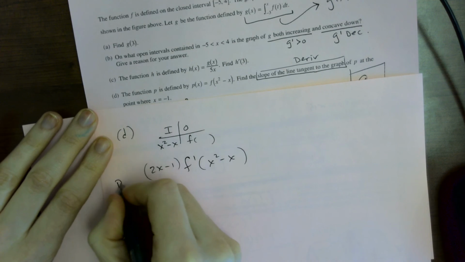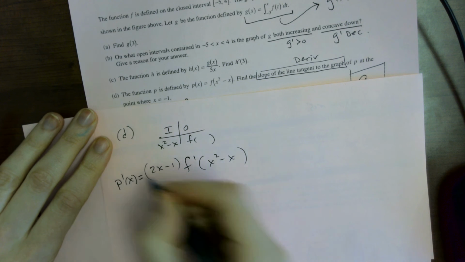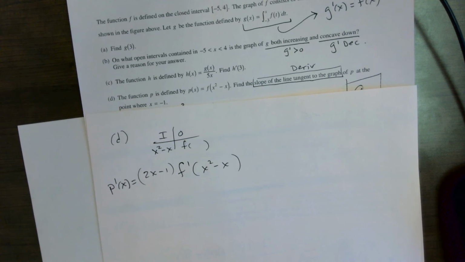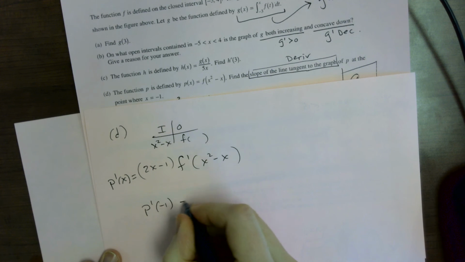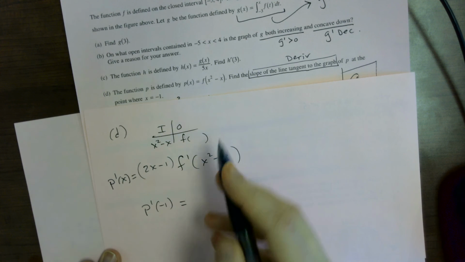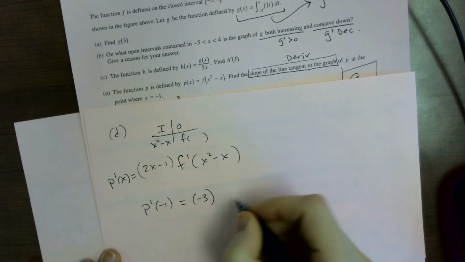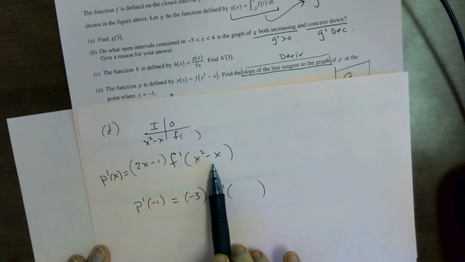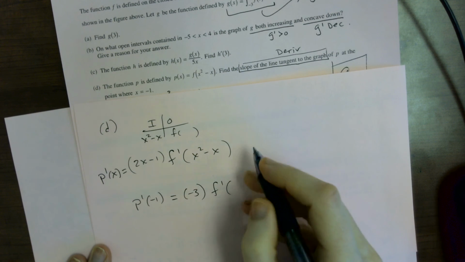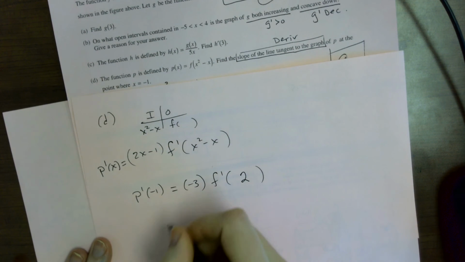All right, so this is p prime of x, and we want p prime of -1. So you plug -1 in there, you get -3. You plug -1 in here, and you get 1 minus -1, so you get 2.